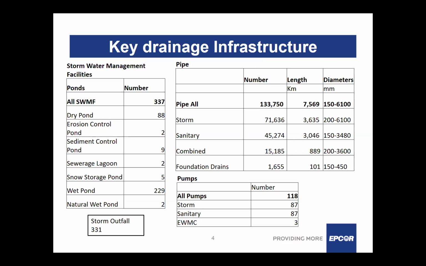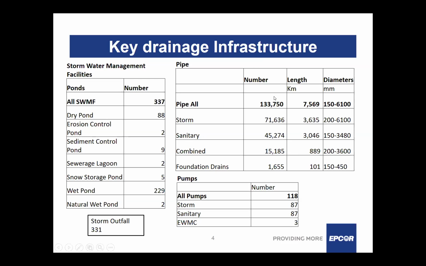In terms of the linear infrastructure, we've got about 7.5 kilometers of pipe sections, and the diameter ranges from 150 to 6,100 millimeters. I categorized the different types of pipes that we have: foundation drains, combined sanitary, and storm.